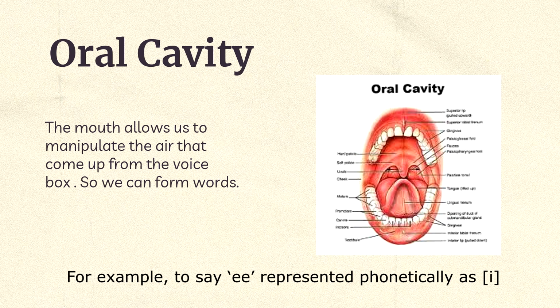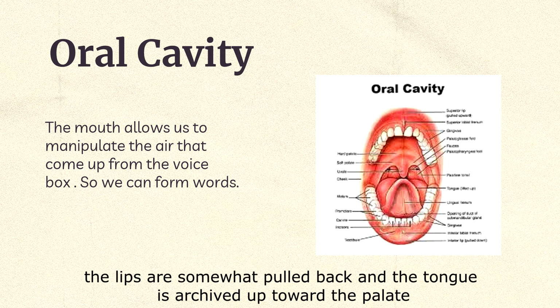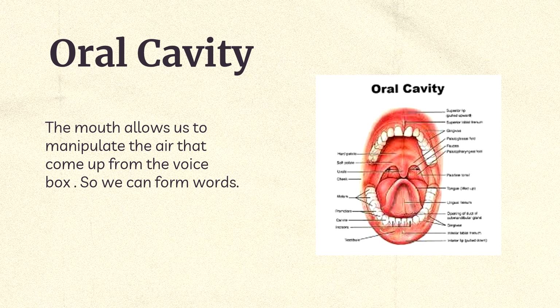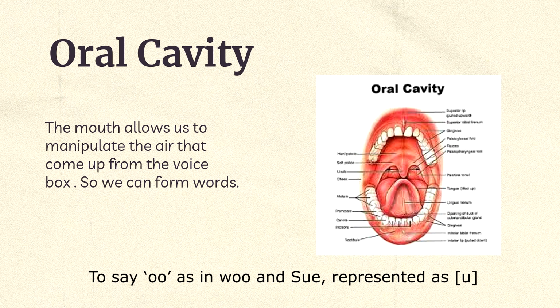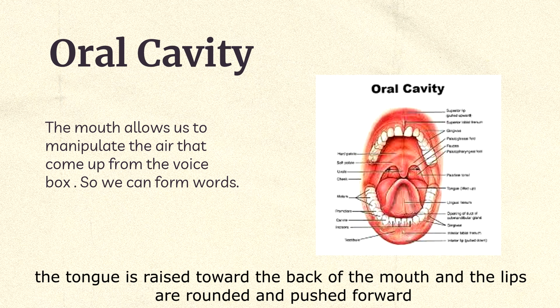For example, to say E, represented phonetically as i, the lips are somewhat pulled back and the tongue is arched up toward the palate. To say U as in who and soup, represented as u, the tongue is raised toward the back of the mouth and the lips are rounded and pushed forward.